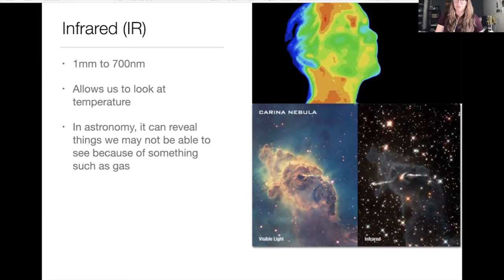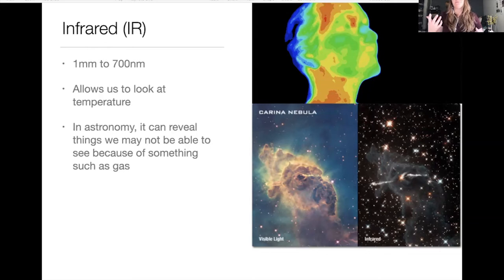Infrared is very important because it can reveal things that we may not be able to see with visible light. Looking at the Carina Nebula underneath the image of the person looking away, you'll see a bunch of stars and a big ball of gas. We don't necessarily know if it's hot or cold, but using infrared, we can see that it is much cooler, and there are things inside that are much warmer, and those are stars being born.